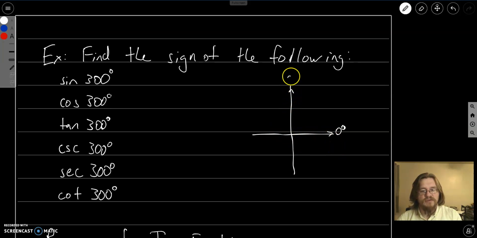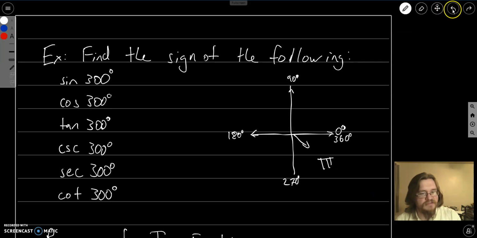Pointing straight up, this is going to be 90 degrees. Straight to the left, it's going to be 180 degrees. Straight down, this is 270 degrees. And then if we make it all the way back around, this is also going to be 360 degrees. So 300 is going to be somewhere in between here, which means that we're in quadrant 3. Sorry, that's a mistake. We're in quadrant 4.